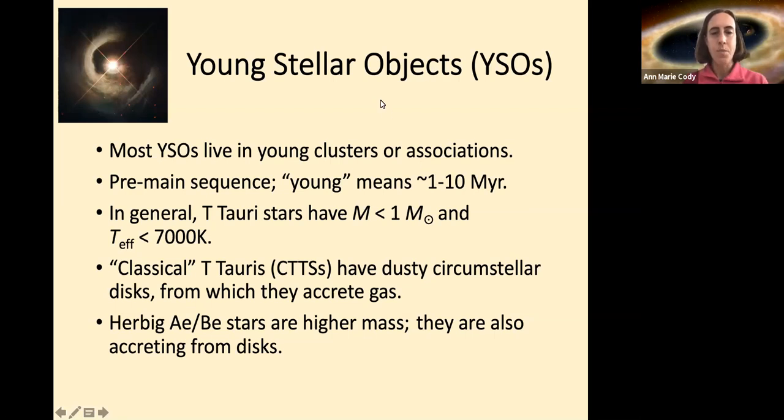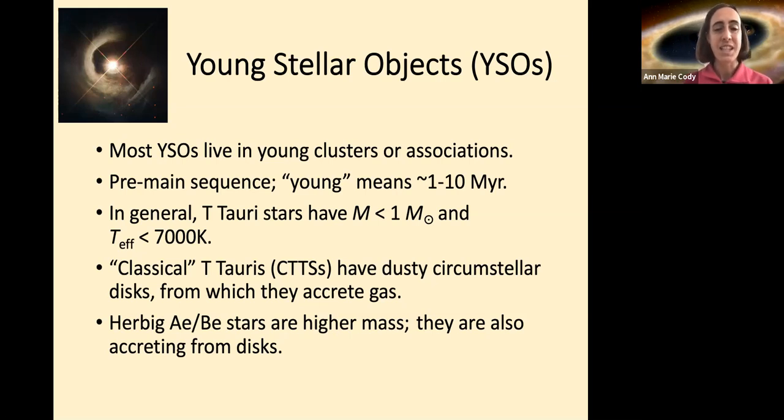Now, there are low mass YSOs and higher mass YSOs. The lower mass ones you may have heard of are called T Tauri stars, and those typically have masses about that of the sun or lower and temperatures less than 7,000 degrees Kelvin.